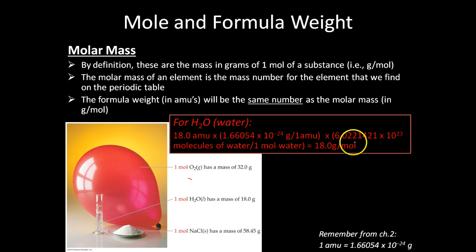This is the number for a mole shown on the last slide, 6.022 times 10 to the 23. So we got molecules of water per 1 mole of water. We end up with the same number with just different units. And so we can convert very rapidly between anything in AMU to grams per mole.